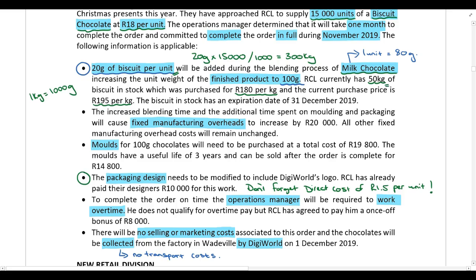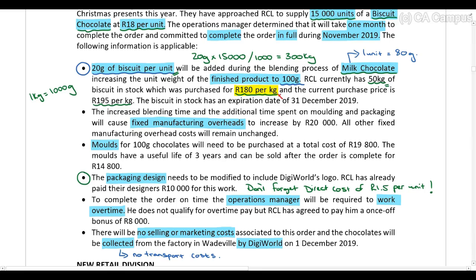Now, 50 kilograms are currently sitting in stock, and the 50 kilograms were purchased for 180 Rand per kilogram. Now, please remember, guys, that is a sunk cost. That's money that was already spent in the past. So it's not a future cash flow. Sunk costs are never relevant because they don't comply with the definition of a relevant cost. It's not a future cash flow.